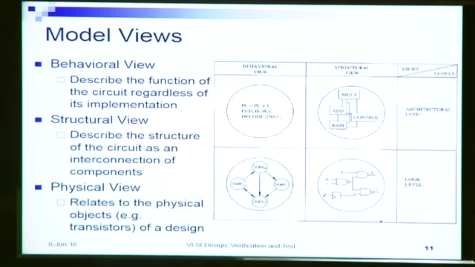And there is a physical view that relates to the physical objects, for example transistors, of a design. As we said, at the architectural level and the logic level, we know very little about the exact physical transistors or the physical level design, and we don't have the physical view essentially. However, at the geometric physical level, the structure and the behavior coincide and we get a physical view.